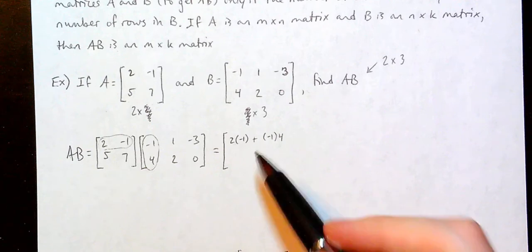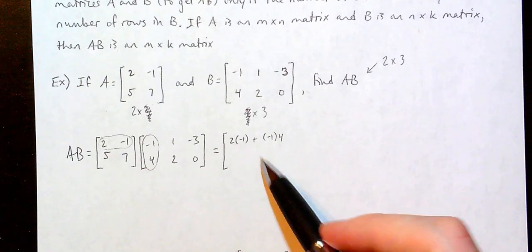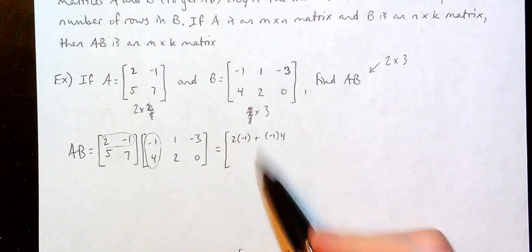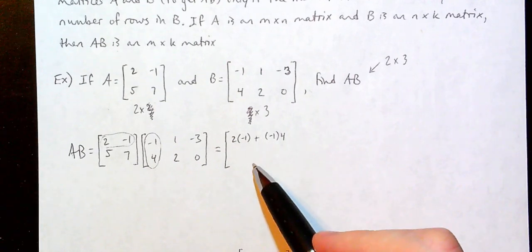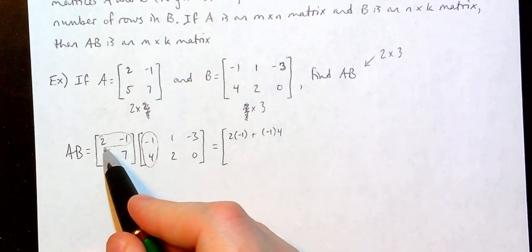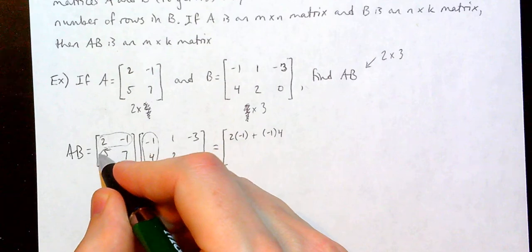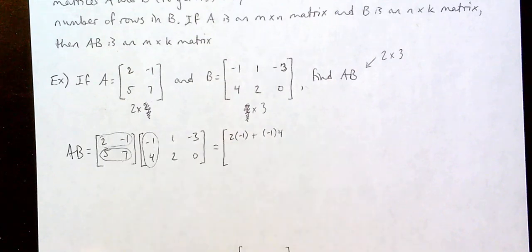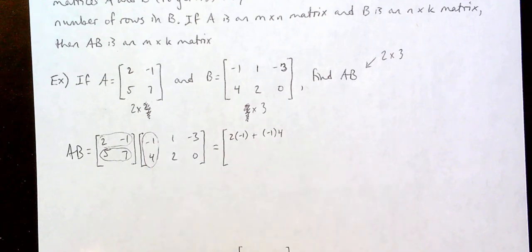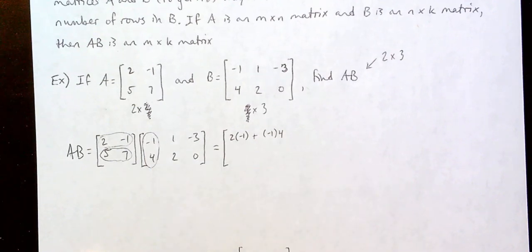Okay, I want the entry in the second row and first column of my product matrix. So now I'm going to look at the second row of my first matrix listed and the first column in the second matrix listed.